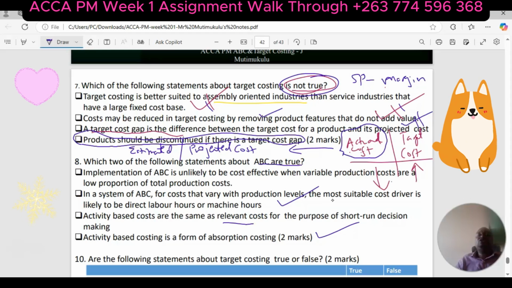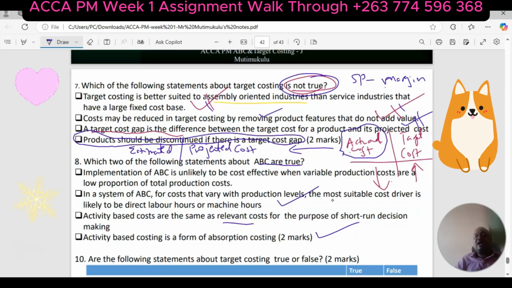ABC normally is used where there is sophistication or complexity in the relationships in the production, where some cost drivers are so complex that we cannot come up with a meaningful overhead absorption rate.